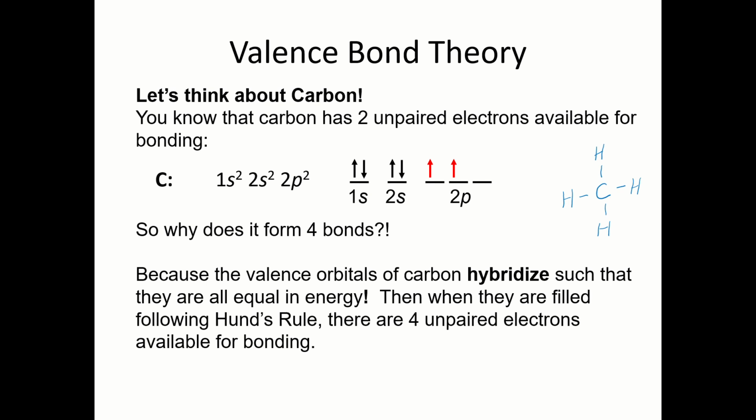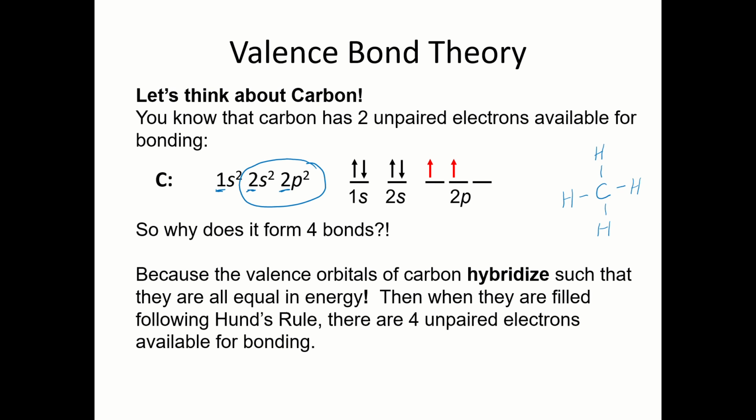So what we can do is hybridize all of the valence orbitals that we have. And in order to determine the number of valence orbitals, remember those are going to have the highest principal quantum number. Okay, and the principal quantum number is listed right before each type of atomic orbital, right? So in 1s2, the 1 indicates your principal quantum number. So our highest principal quantum number in this example of carbon is going to be 2.